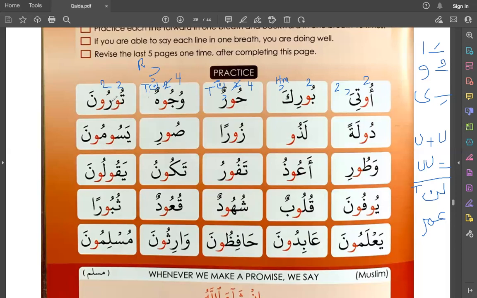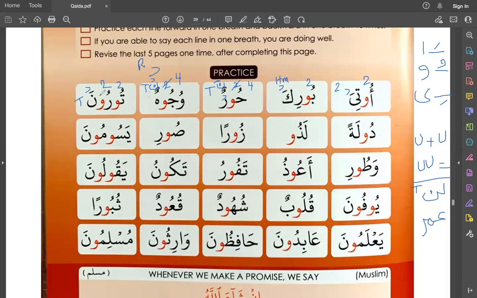There are two long vowels, so it could be possible that there can be multiple two counts long vowels in one word. So tu, ru, na. And how will you stop? You will give temporary sukoon, and with the sukoon, noon will get tawassut. This is for sure.